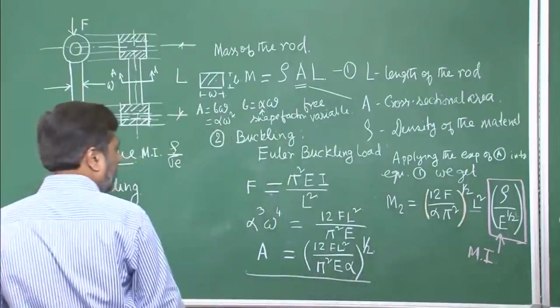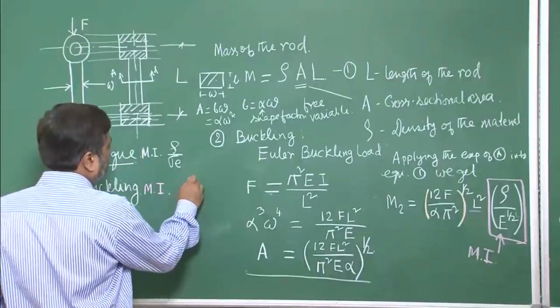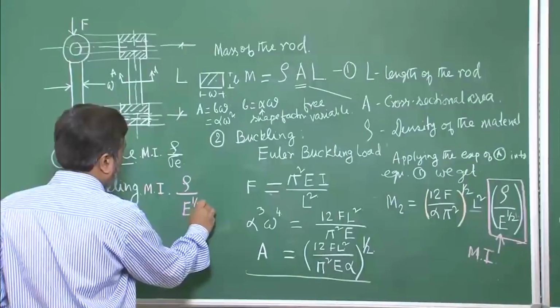So from here the material index that we are getting is rho over E to the power half.